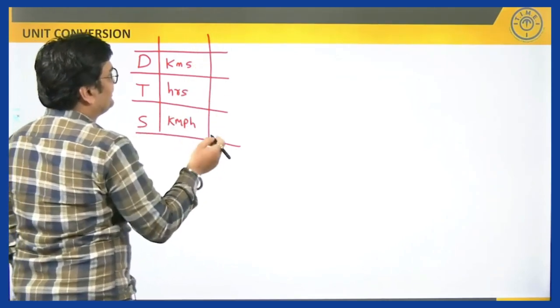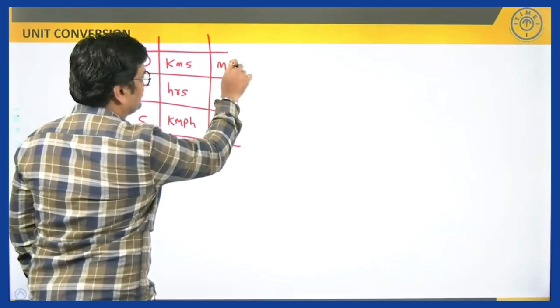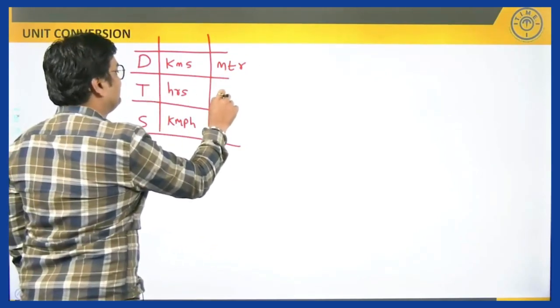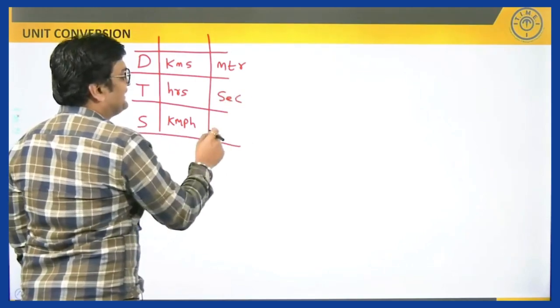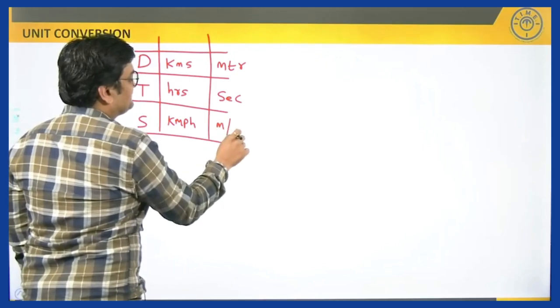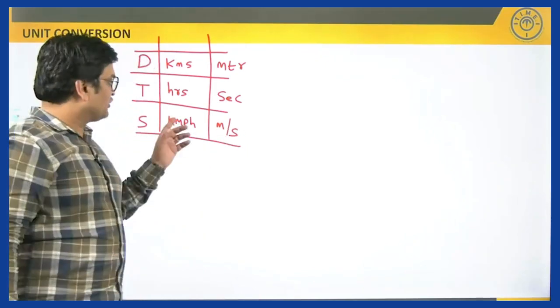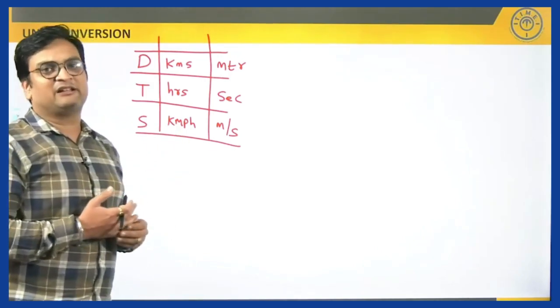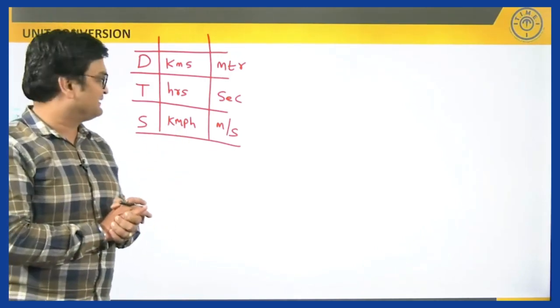Some other times, distance will be measured in terms of meters. In such cases, generally we take time in seconds, and hence the speed will be measured in meters per second. So these are the two common sets of units that we take for the variables that we come across in the topic time, speed and distance.